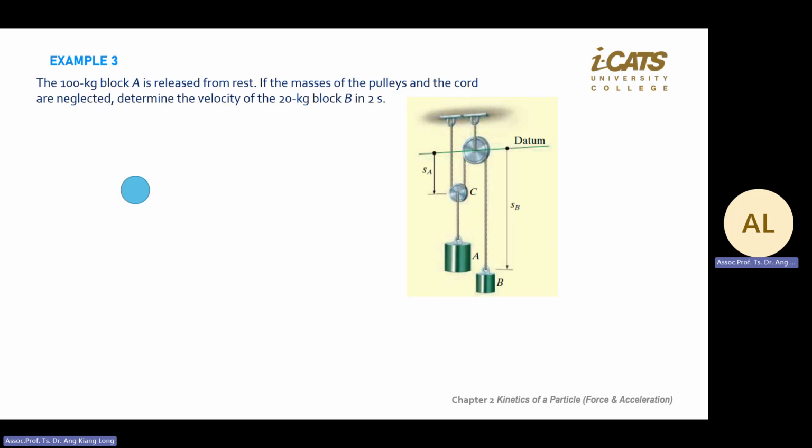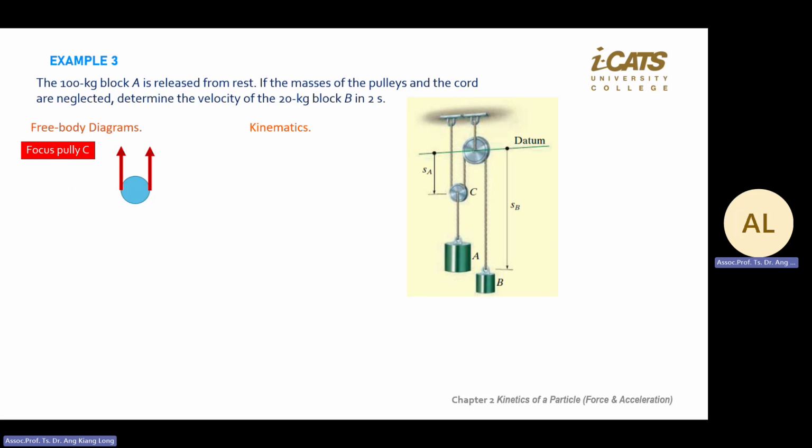Okay, that is chapter 1 calculation. But chapter 2, you need to draw a diagram. So here is to find what? B. Okay, this one you focus on, because the question says the mass of the pulley and the cord can be ignored.